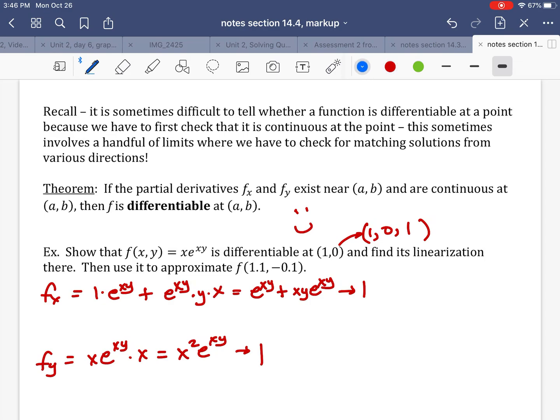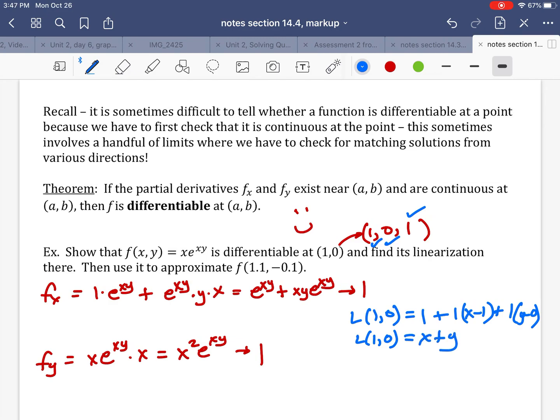All right, so my linearization at the point (1, 0) is the z value, so 1 plus fx, which was 1, times (x - 1) because of this right here, and then plus fy, which was also 1, times (y - 0) because the y value is 0. All right, so you clean that up and you just get x + y.